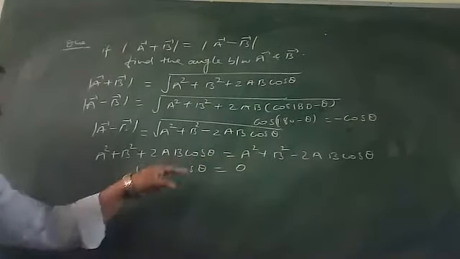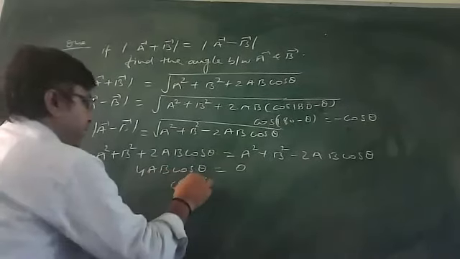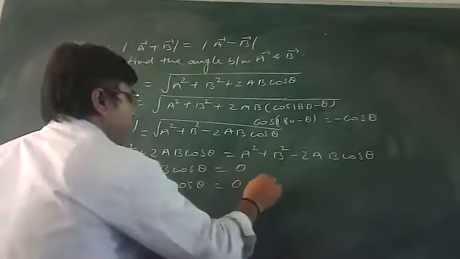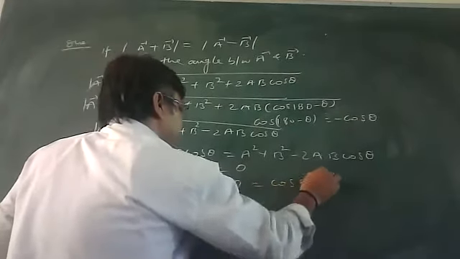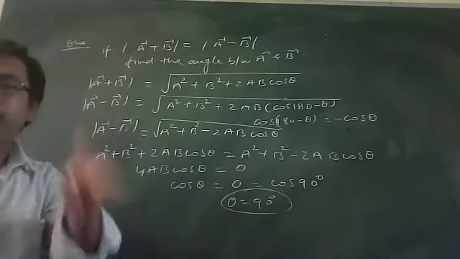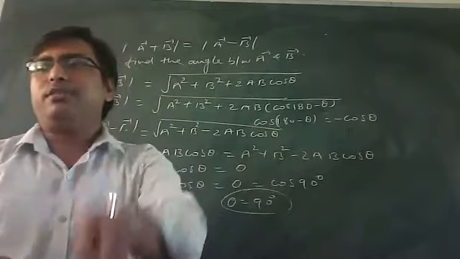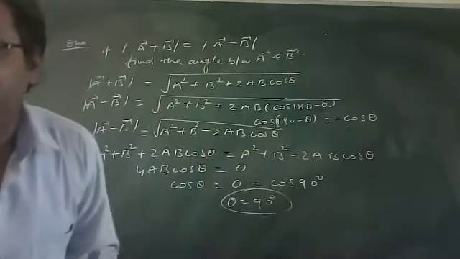And it is only possible when theta is 90. The value of cos theta should be 0 and it is possible only with 90. So your theta is 90. That means when two vectors are perpendicular to each other, their modulus of addition and modulus of subtraction are similar. That is the question.